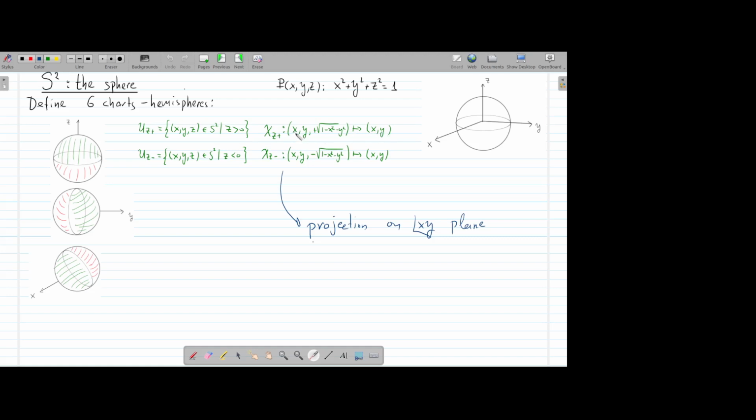So the point that has Cartesian coordinates in R3, x, y, and plus square root of 1 minus x squared minus y squared is mapped to the pair of coordinates x and y. We can define a similar coordinate system for the southern hemisphere by considering the points whose z coordinate is negative. Notice that this is strictly positive and strictly negative, so we don't include the equator.